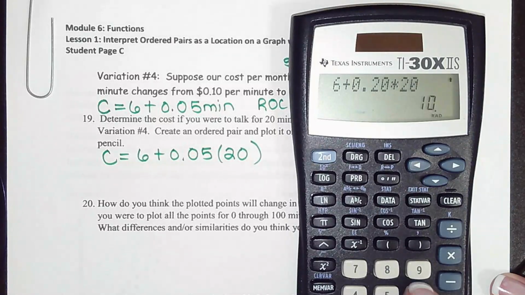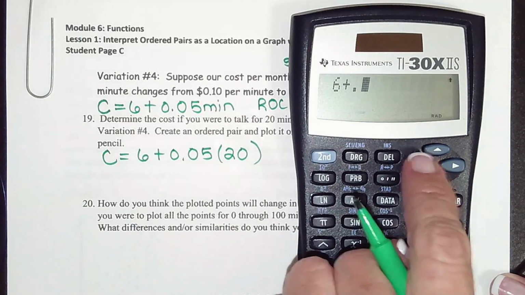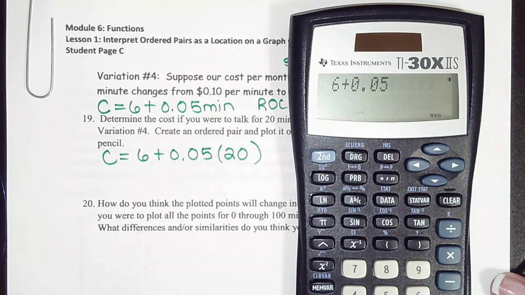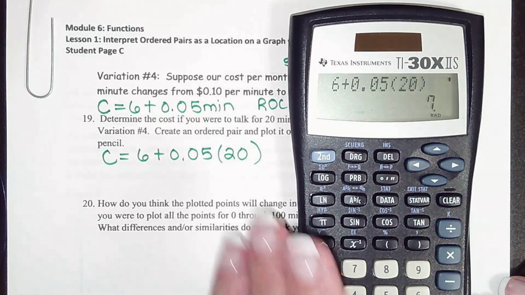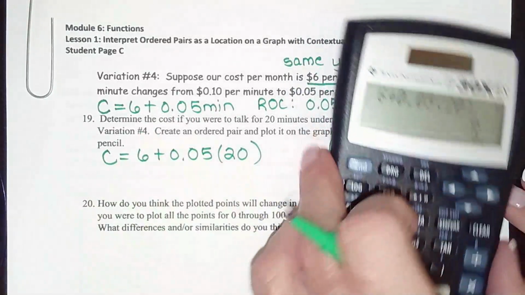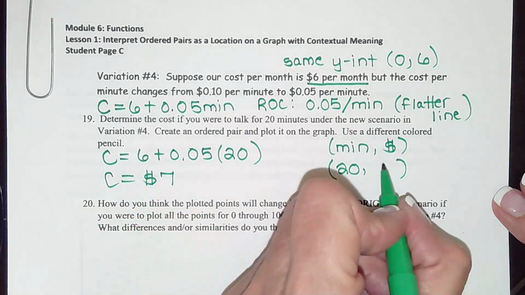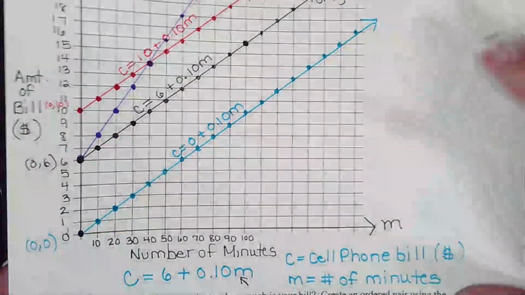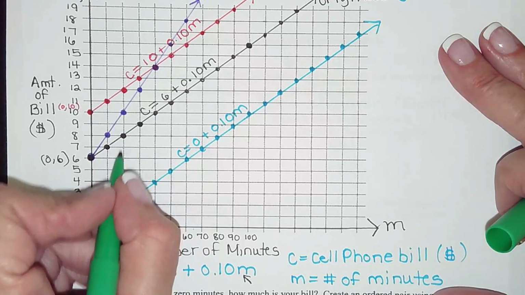So 6 plus 0.05, and I know that's not necessary, I'm just trying to practice proper math notation, times 20 minutes, and that is going to be $7. So 7 is going to be our fifth line. So when x is 20, y is 7.